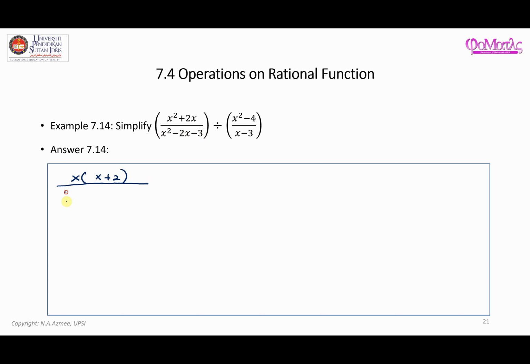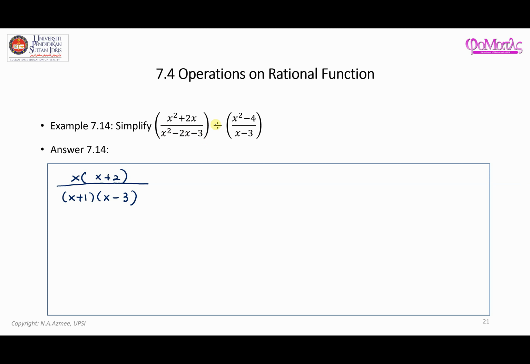That would be x plus 1 and x minus 3. I'm just using the same method that I have shown you in the previous slide. You can go on and try to figure out how to factor this expression.